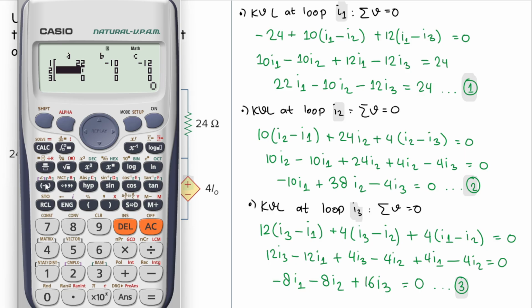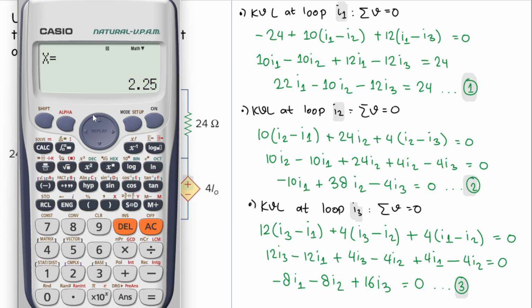Good. And then we'll have minus 10, then 38, and then minus 4, and then that will equal 0. Okay, and then the last one, minus 8, and then minus 8, 16, and 0.